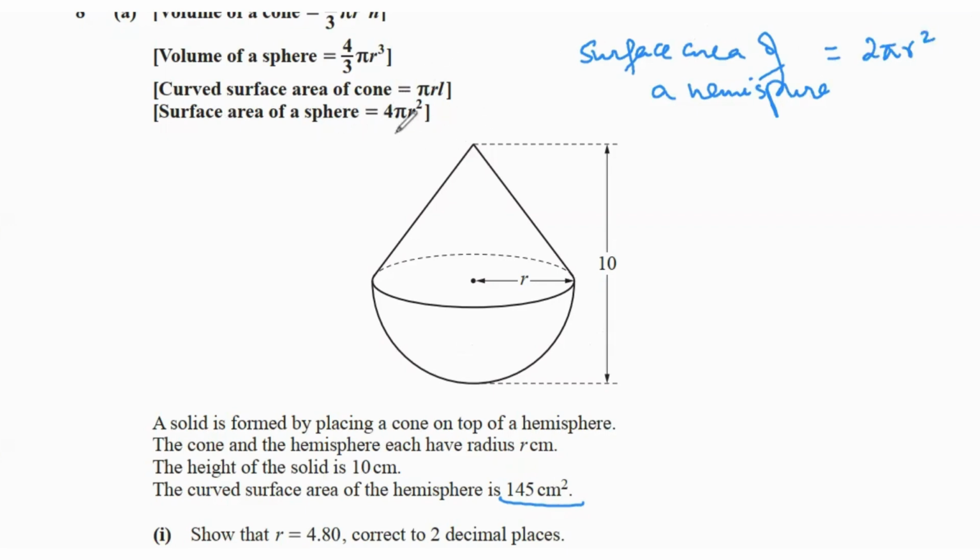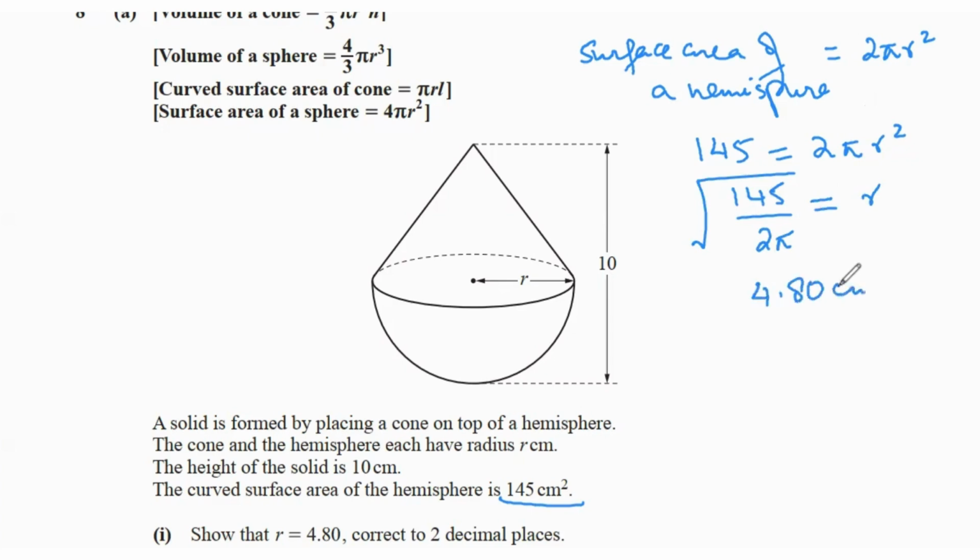It's going to be half of 4 pi r squared. So 145 equals 2 pi r squared. 145 divided by 2 pi, square rooted, gives us the value of r, which is 4.80 centimeters. So that is your first answer.